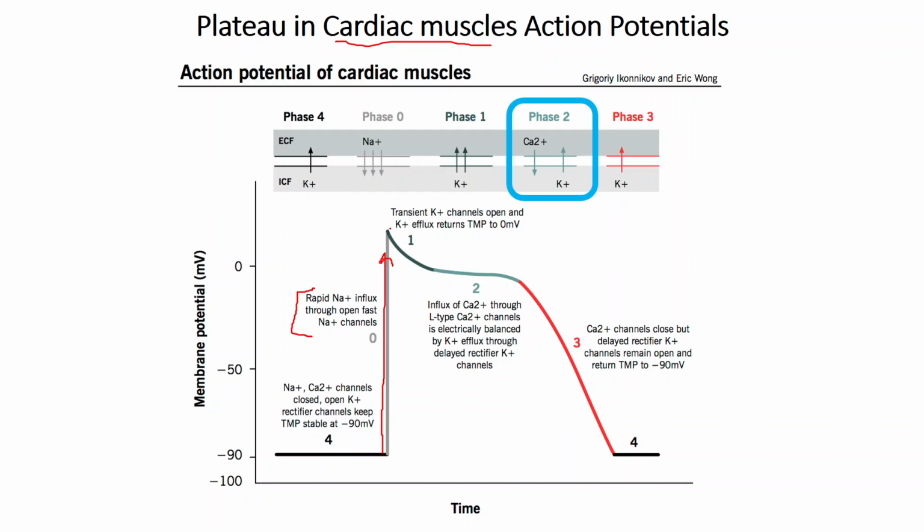And the outward movement of potassium is responsible for the action potential reaching 0 millivolts, but now we have a plateau. What's responsible for the plateau of the action potential in the cardiac muscle cell is the entry of calcium, because calcium enters through voltage-gated calcium channels, and there is the exit of potassium. Because of this opposite direction of ionic movement, this results in the plateau of the action potential.